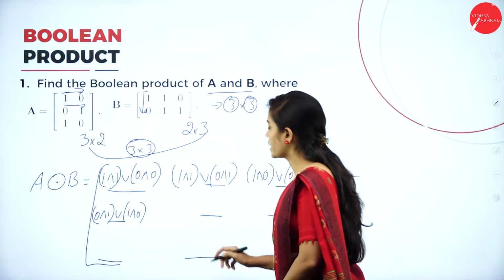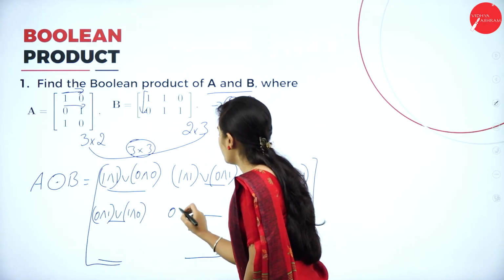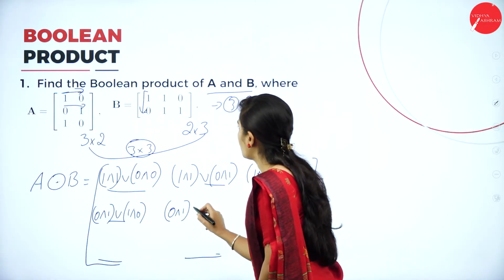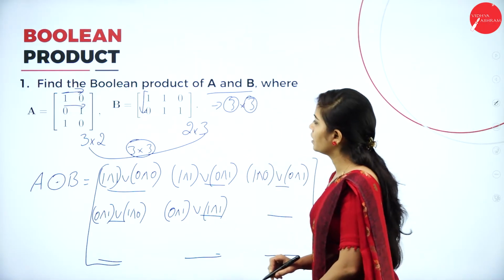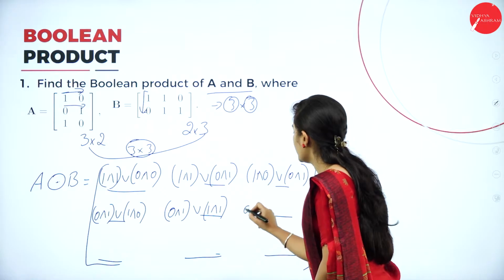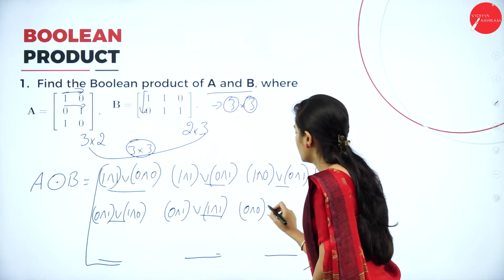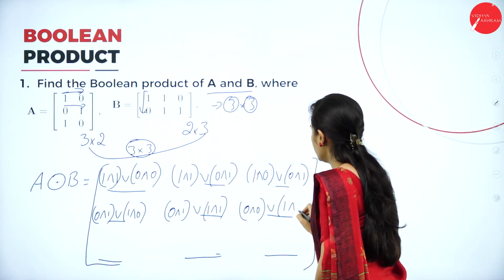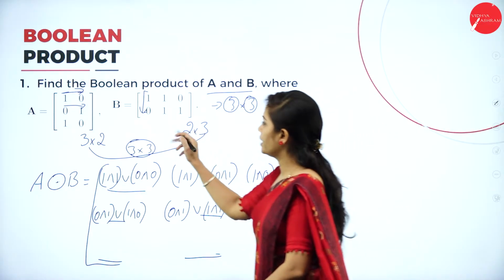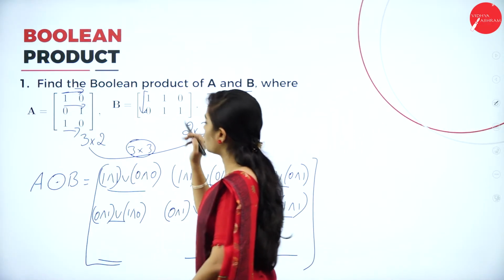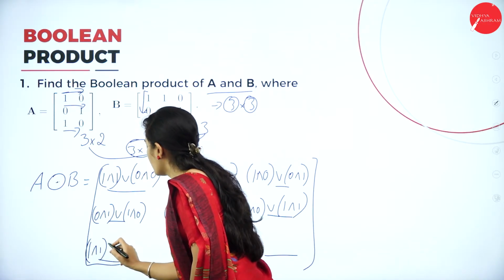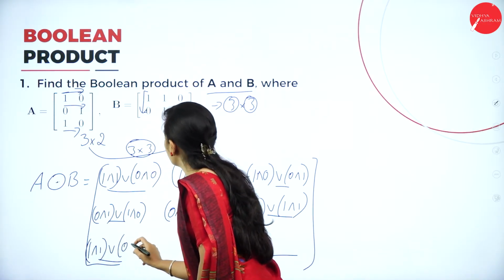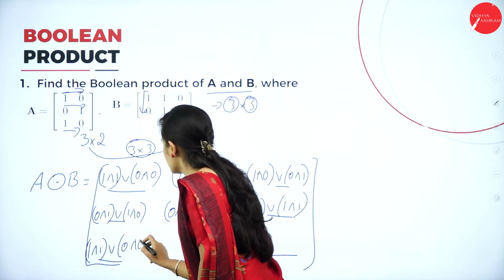Second row with second column: 0 and 1 OR 1 and 1. And the third column: 0 and 0 OR 1 and 1. And the third row with all the columns: 1 and 1 OR 0 and 0.